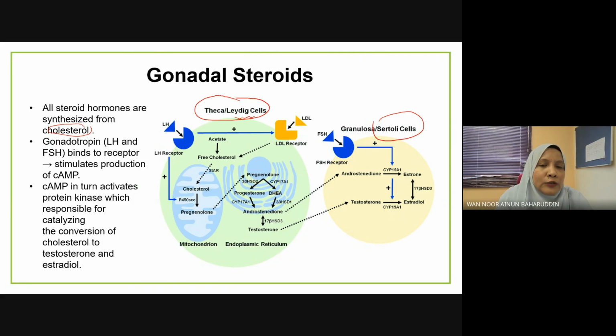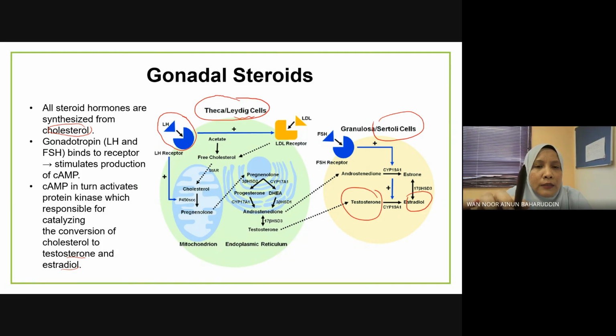So it will stimulate production of cAMP. cAMP activates protein kinase for catalyzing the conversion of cholesterol to testosterone and estradiol. So the end products will be estradiol as well as testosterone.